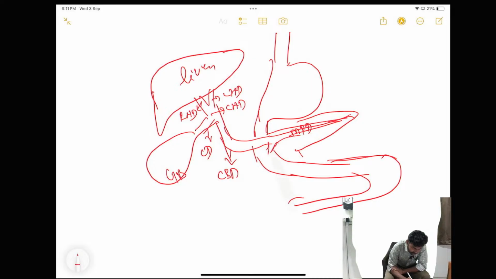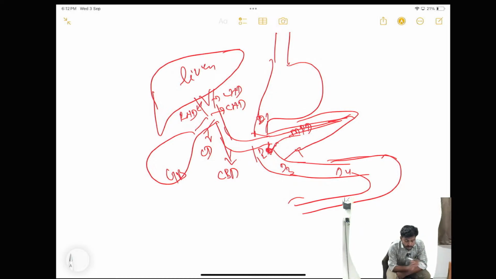Both form the sphincter of Oddi, which enters the first part of the duodenum, D1, then D2, D3 and D4. It opens into D2.